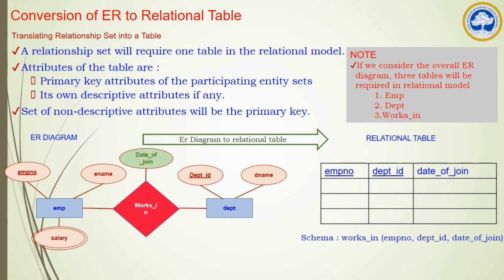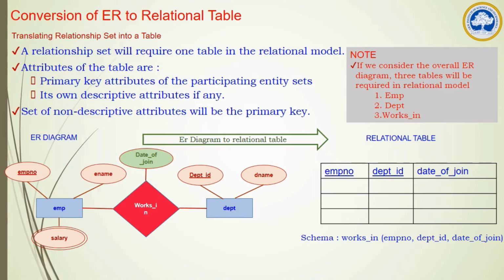If you consider the ER diagram given in the slide, when converting it into the relational table, the primary key attributes like employee number and department ID are considered in the relational table, along with the descriptive attribute from the relationship set, like the date of join.